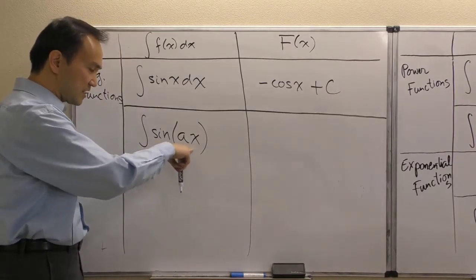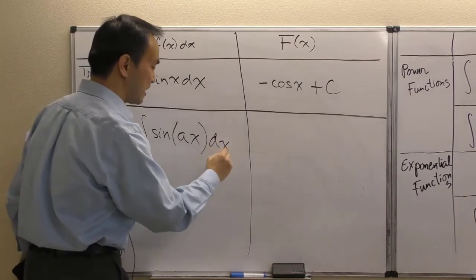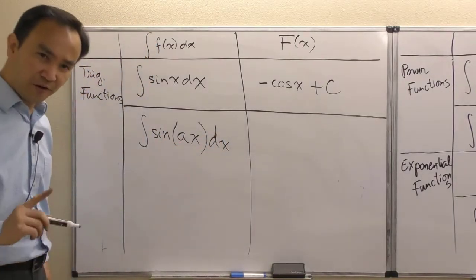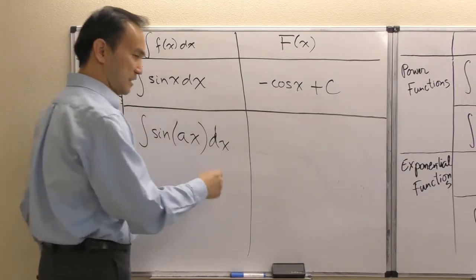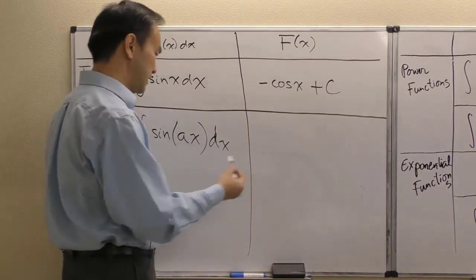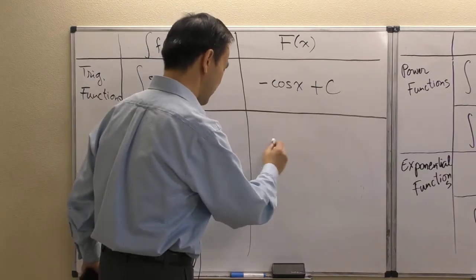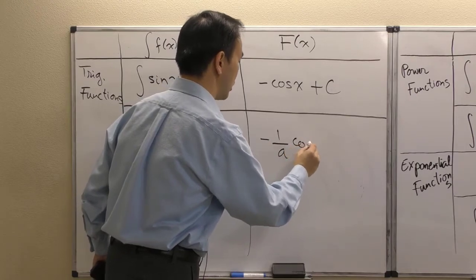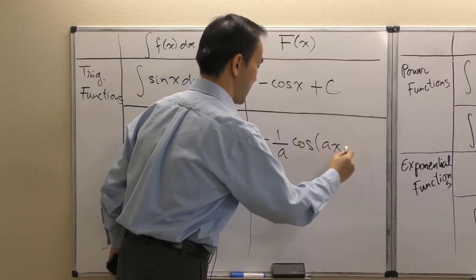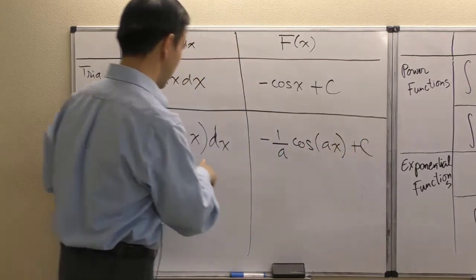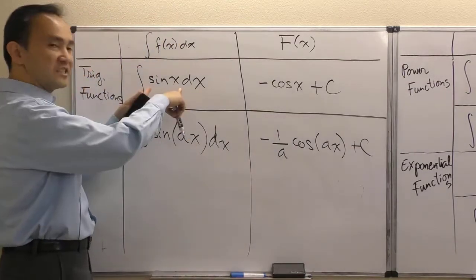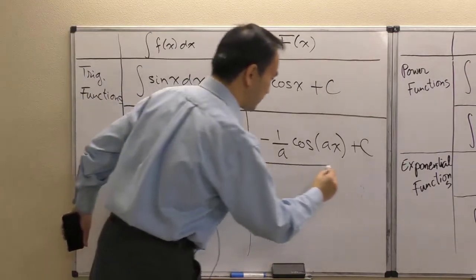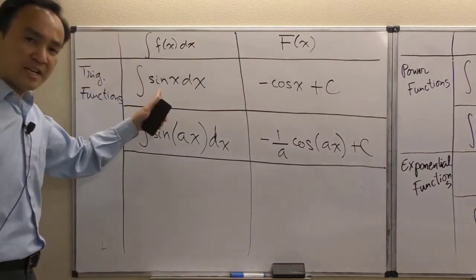The entire ax is inside your sine function, and it has a coefficient a in front of the x. I did not formally introduce that earlier, but here the answer will be minus 1 over a times cosine of ax plus c. So this is a special and a little more general case than that specific one. These are the trig functions that we've just now learned, primarily based on the sine function.